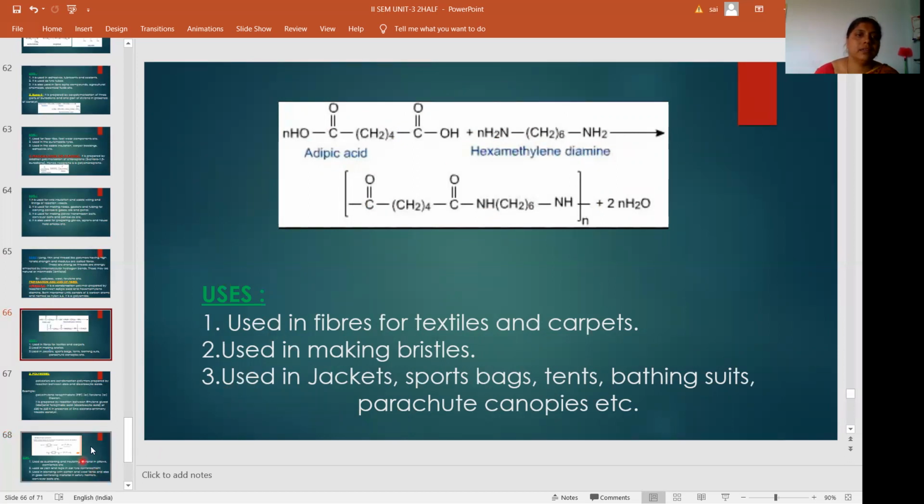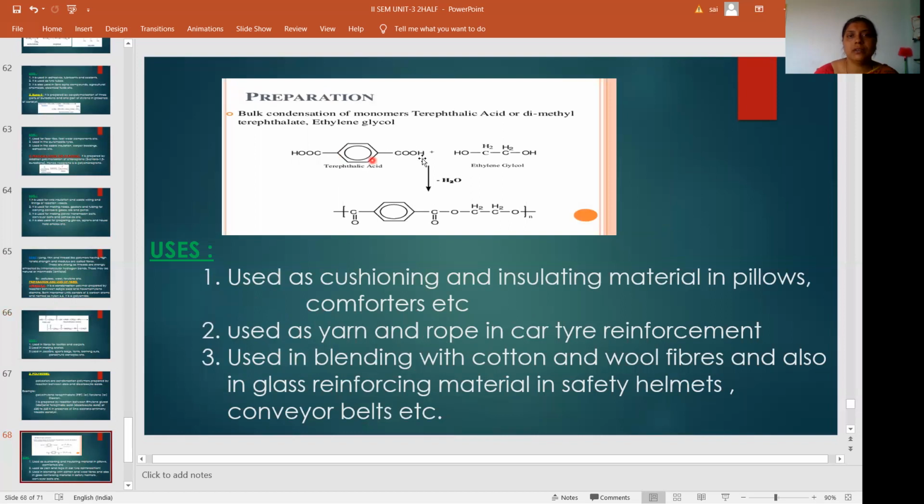And here terephthalic acid means a benzene ring with COOH on two sides, and ethylene glycol means CH2, CH2, OH, OH. So your water molecule is eliminated, and you get a fiber called dacron or terylene or polyethylene terephthalate.